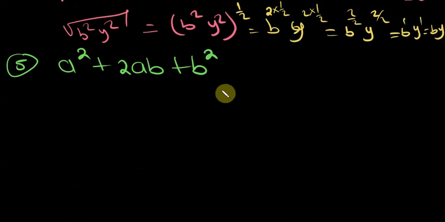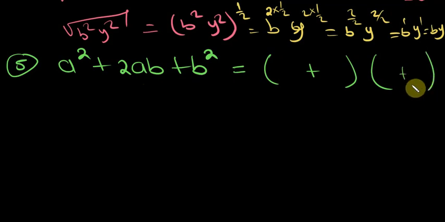Looking at this, it is not a difference of 2 squares, but it's similar to that. Instead of being a difference of 2 squares, this one has positive signs instead of plus and minus, because of these two that we have there.